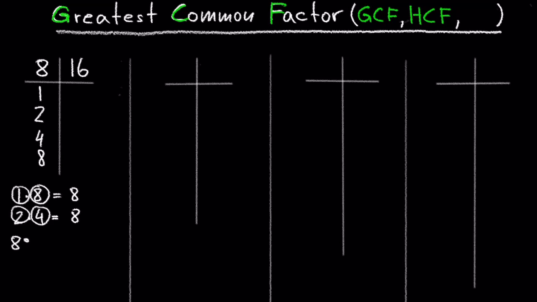8 divided by 1 is 8. 8 divided by 2 is 4. 8 divided by 4 is 2. And 8 divided by 8 is 1.